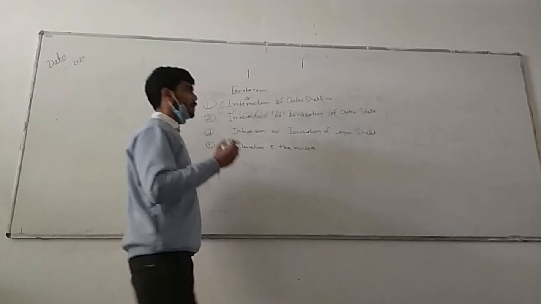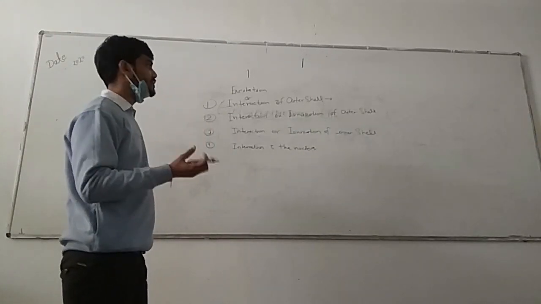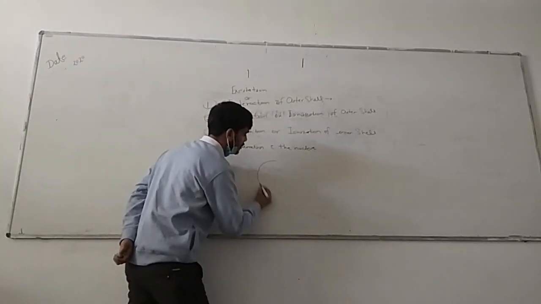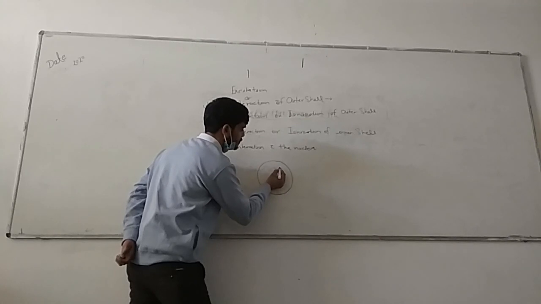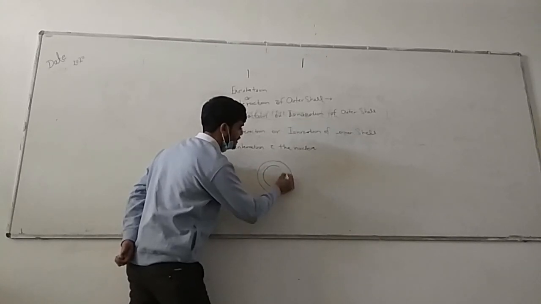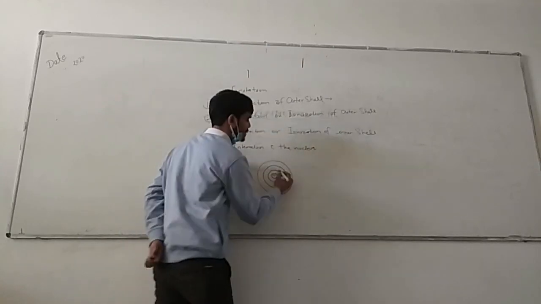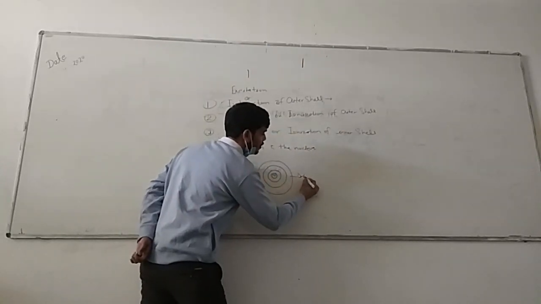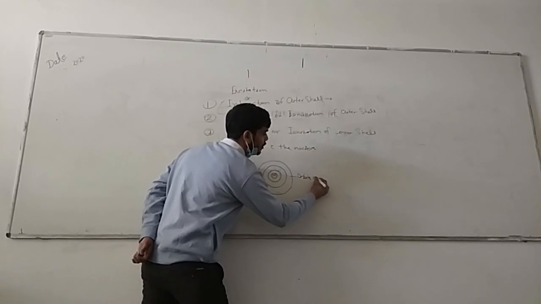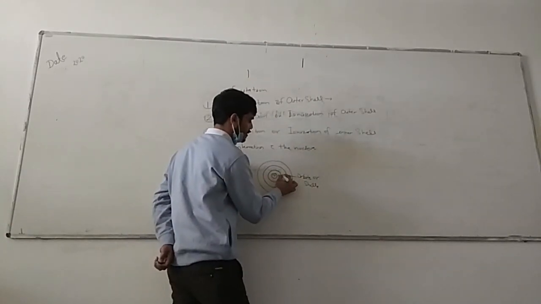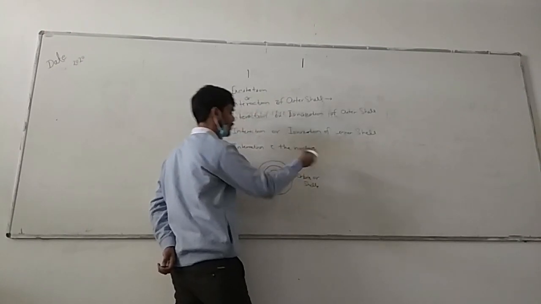So we can understand the process through a diagram. These are the orbits or cells surrounding the nucleus. This is K cell, L, N, and so on.